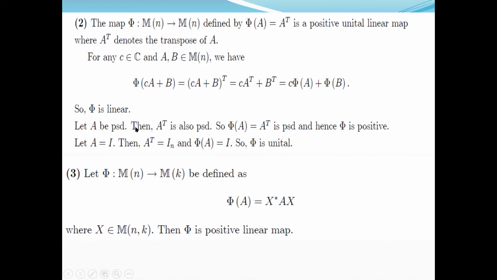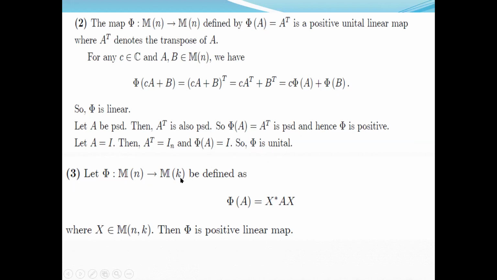Also, if we take A to be positive semi-definite, then, as we have studied, A transpose is also positive semi-definite. So phi(A) = A transpose is positive semi-definite, and hence phi is positive. Also, if we take A to be the identity, then its transpose is also the identity. So phi is also unital. So phi(A) = A transpose is a positive unital linear map.